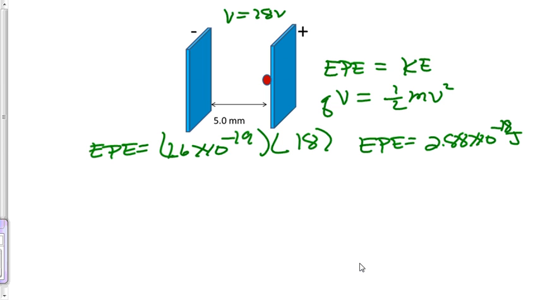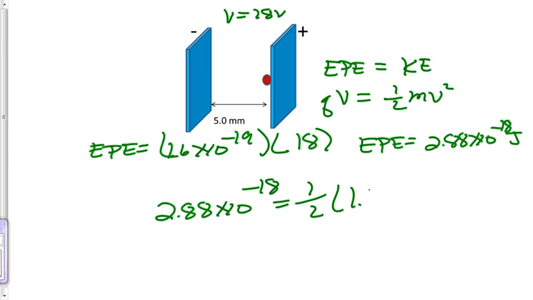We're now going to set that electric potential energy equal to 1/2 mv squared to find the velocity of the proton just before it gets to the plate on the left. So we'll say 2.88 times 10 to the minus 18 equals 1/2. Now we'll use the mass, 1.67 times 10 to the minus 27, times v squared.